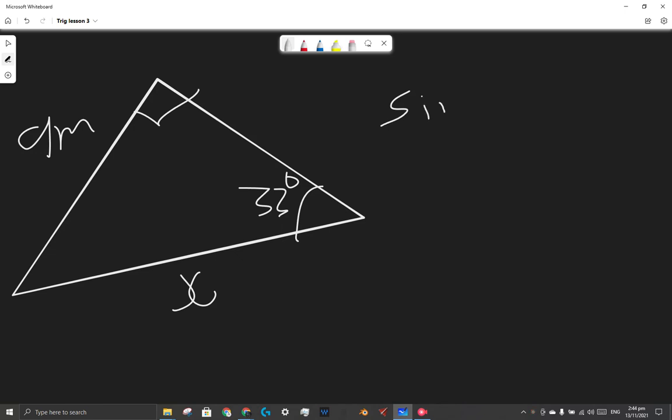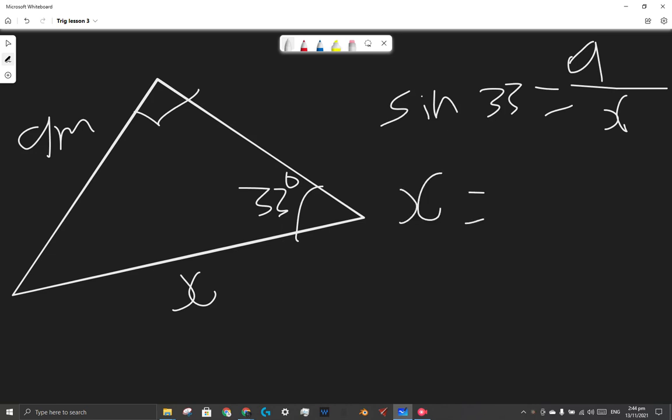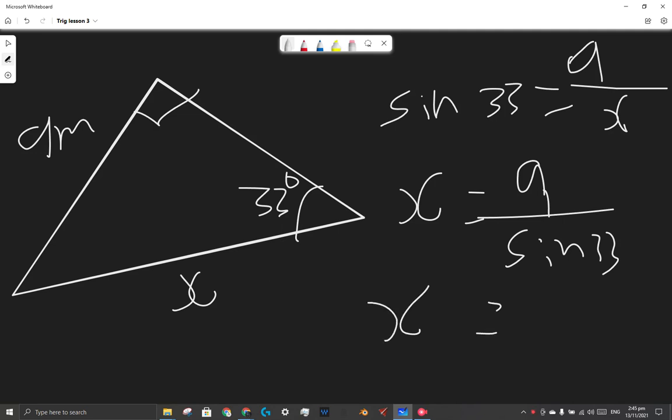So now working it out, we're just going to label a right angle triangle. We have the opposite, we have the hypotenuse. So sine 33 equals 9 over x. And then we're going to do x equals 9 over the sine of 33, so x equals 9 divided by the sine of 33.